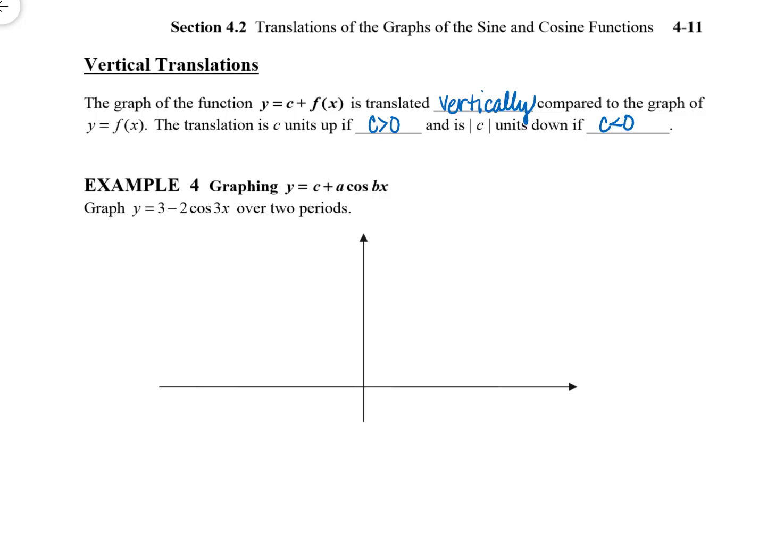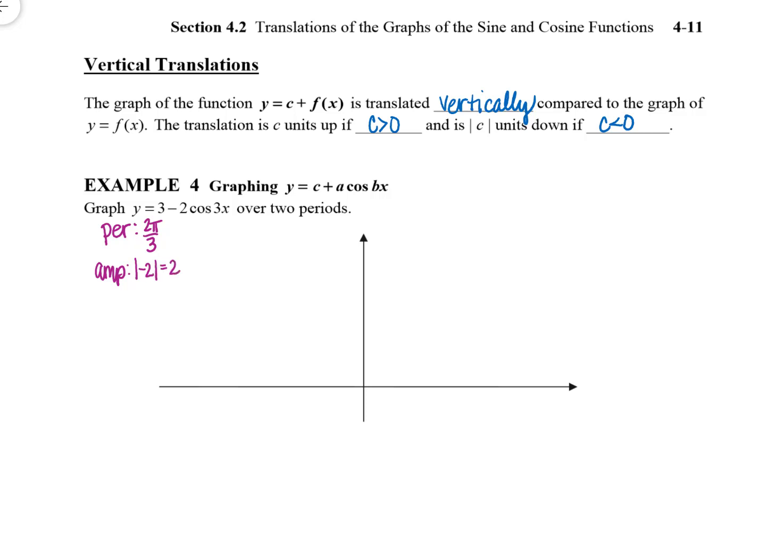Example 4, we're going to be graphing a cosine function with a vertical translation. The period of this function is 2 pi over b, and b in this case is 3, so this is 2 pi over 3. The amplitude is the absolute value of a, which is -2.